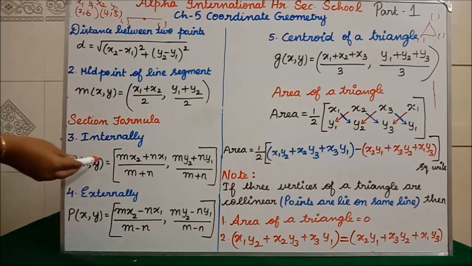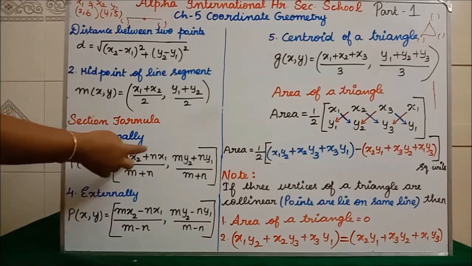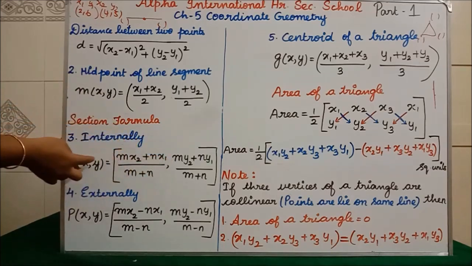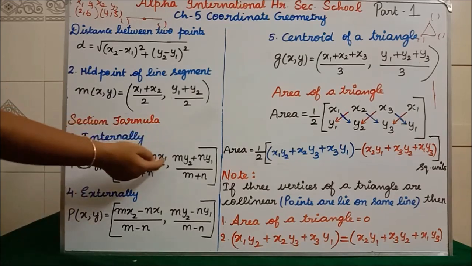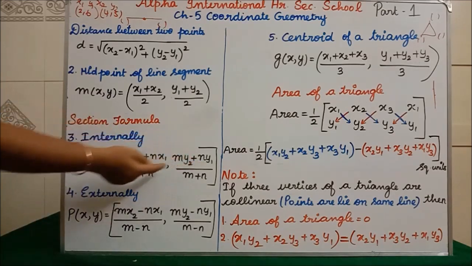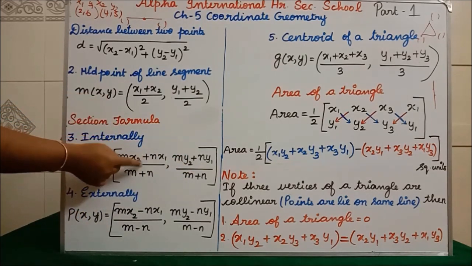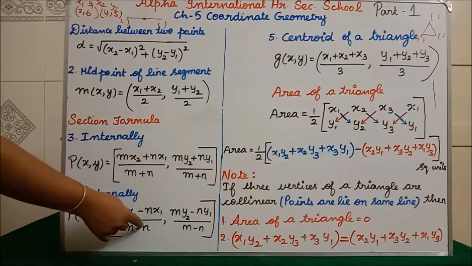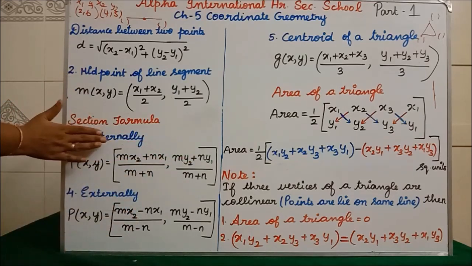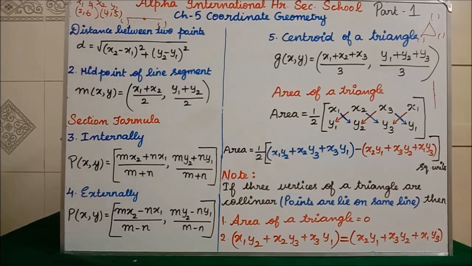Now P of x comma y is equal to m of x2 plus n of x1 divided by m plus n, comma m of y2 plus n of y1 divided by m plus n. Internally and externally, the small difference is that here we use plus, there we use minus. That is the difference between internally and externally. Remaining everything is the same. Clear?